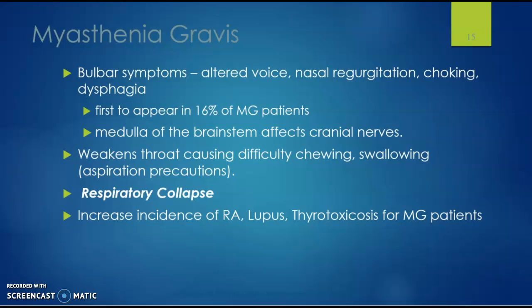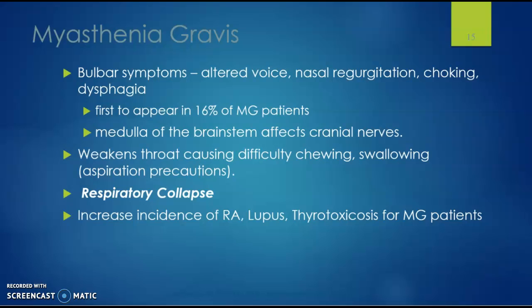The throat is really weakened, and they'll have problems with chewing, swallowing. They are high risk for aspiration precautions. Anytime you have family members who are attempting to feed these patients, you need to be very careful with newer diagnosed patients because they need a lot of education on food consistency, little tiny bites, things to really watch for if they're able to swallow fully, so there's not something sitting there that's going to make them later aspirate as well.